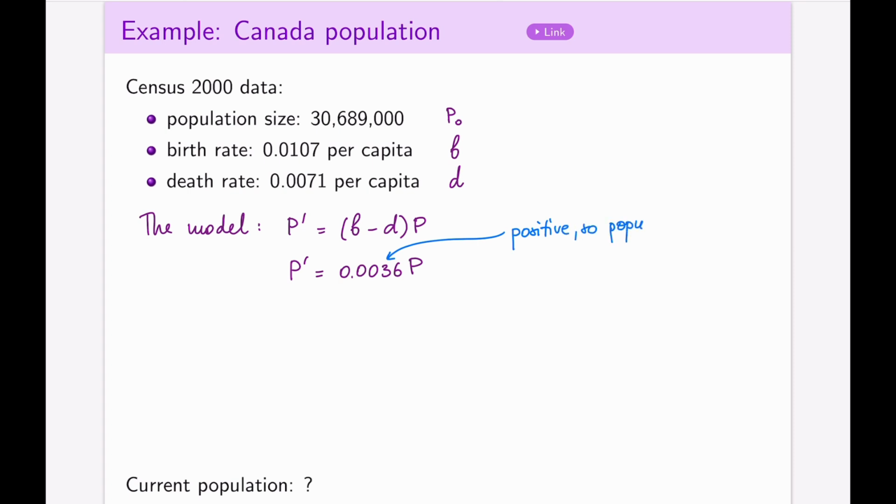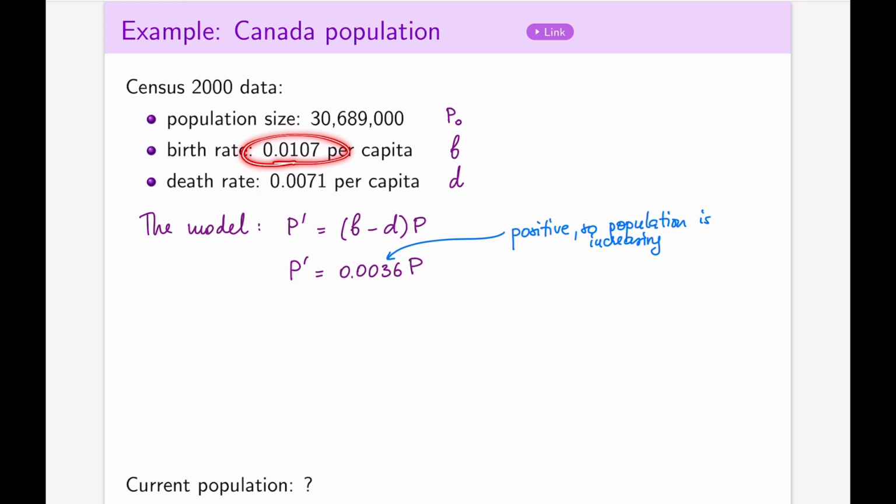Now, this is important for several reasons. It's important in case we decide to use this model to predict future numbers, knowing that the current formula suggests that the population is increasing. If I now use 2000 data to predict 2024 data, I am expecting the number to be larger than the initial population I started with. And if I end up with a number that is smaller than that, I know I went astray somewhere. So building expectations is very important.